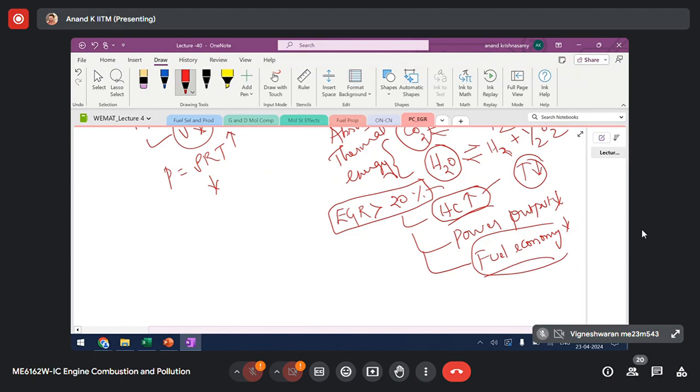We are considering two cases, one with EGR, other one without EGR. Without EGR, your temperature will be much higher. Oxidation rate, all these are time limiting cases. You have very limited time. Even a small drop in temperature will have an impact on the total HC level because oxidation rate will come down. That's why I use the word rate. Limited time is available in the engine operating cycle. Even a small drop in temperature due to EGR in SI engine will have an effect on oxidation rate.